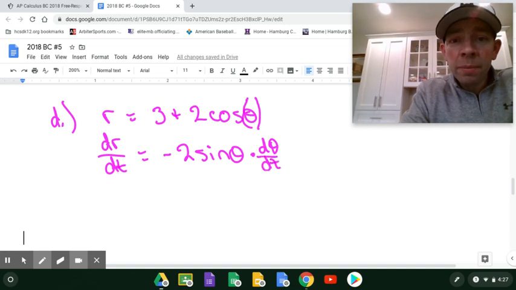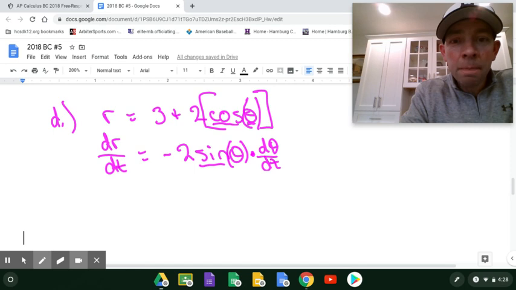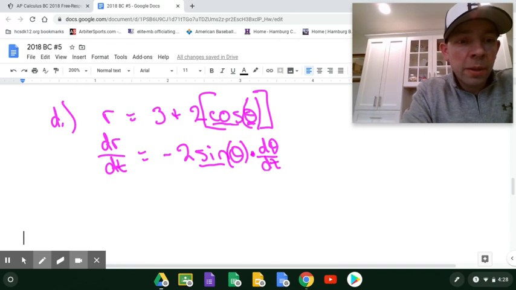Real quick, let me get my 2 cents in here. When you're deriving this function, cosine is your outer function. And so we're basically applying the chain rule. So you get sine of theta and then multiply that by the derivative of that inner function to get d theta dt.